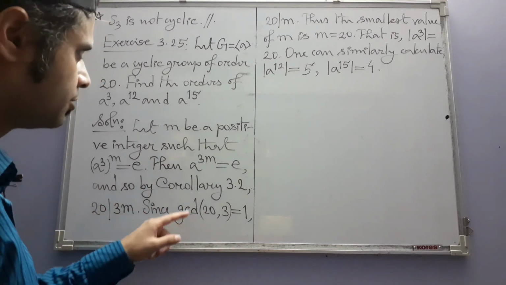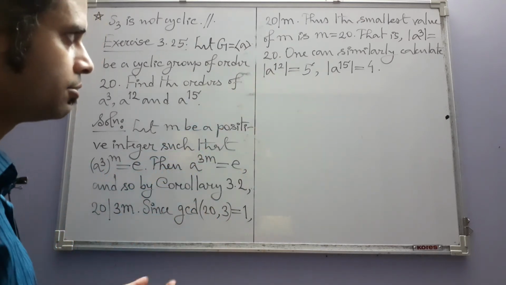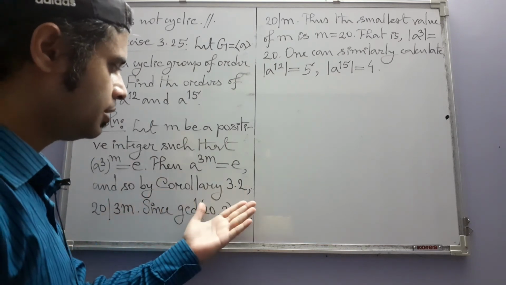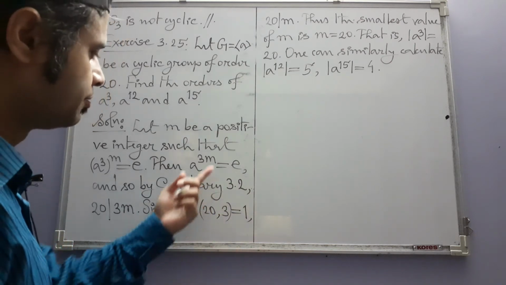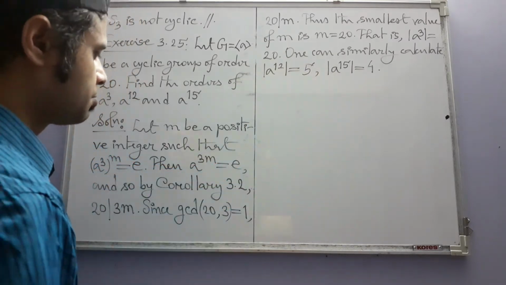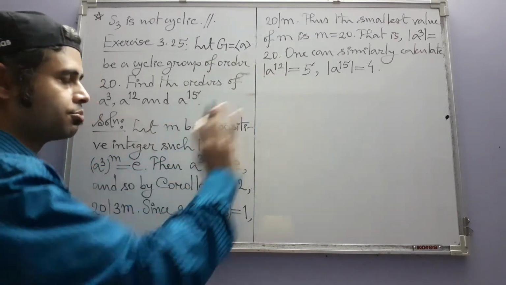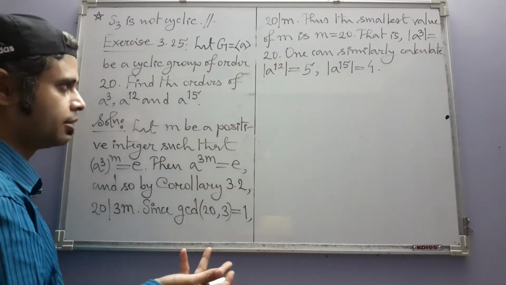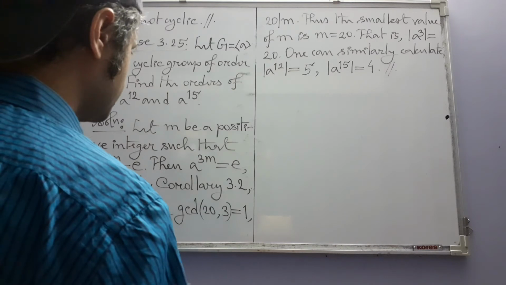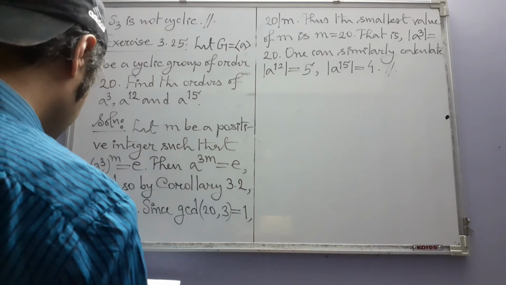Using that other part, you can in fact calculate these orders much more quickly, much more easily. So you try to think of that, how one can calculate using corollary 3.2, the second part of this corollary, these orders much more quickly. In fact, one won't have to go through all this hassle of writing so many things. It will be almost instant. But anyway, so this is your solution. So that means there will be a quicker and much smaller solution to this exercise.